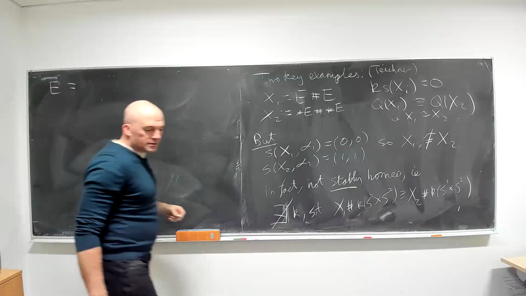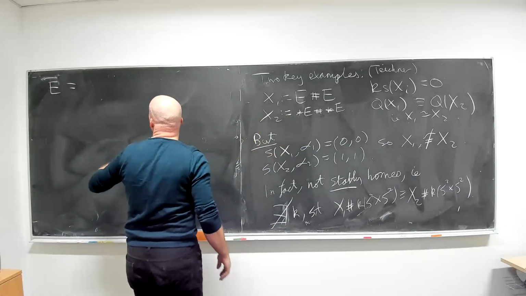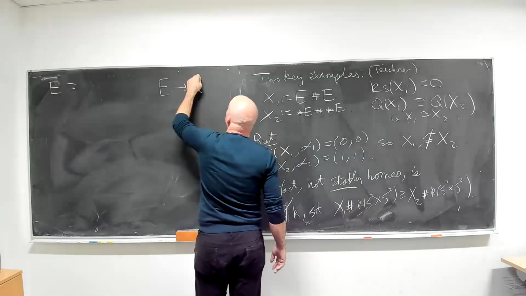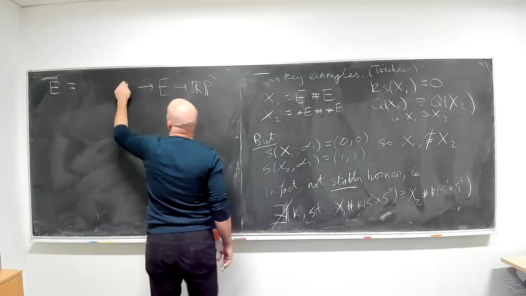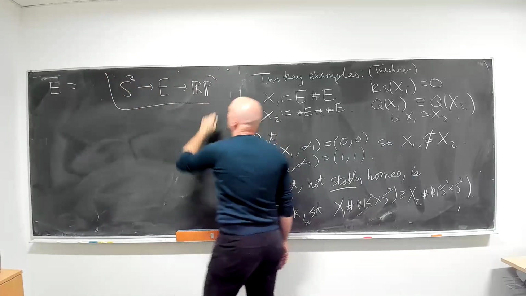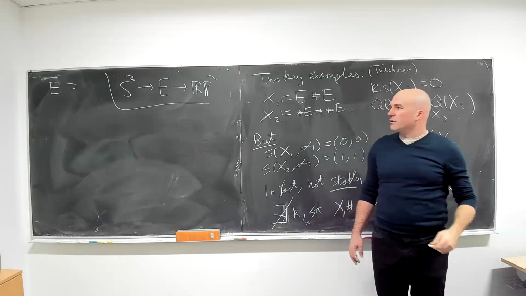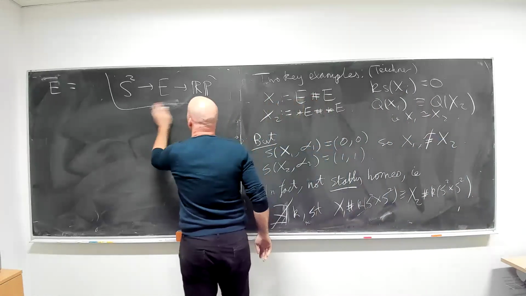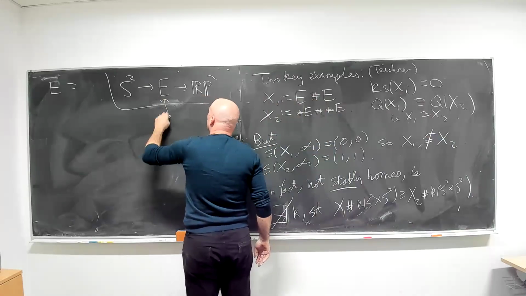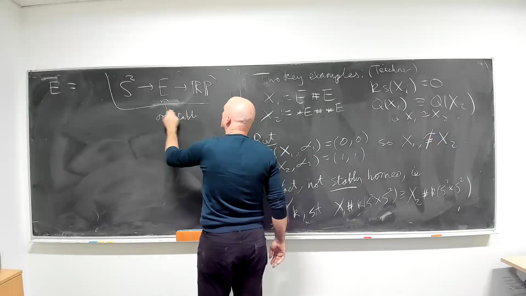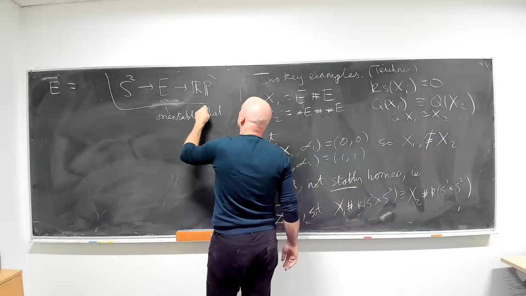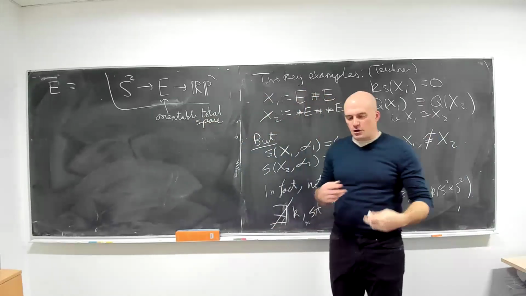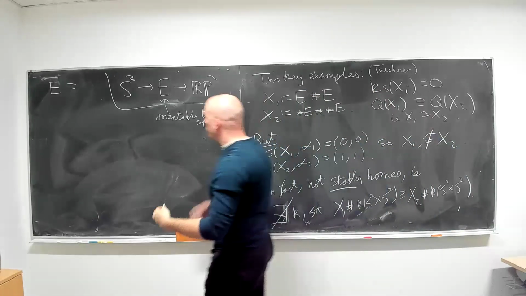So what's this E? I need to tell you. E is, first of all, an S2 bundle over RP2, and it's one of the famous ones. There are not so many of these, and if you require that it has orientable total space, then there are only two such bundles up to isomorphism.